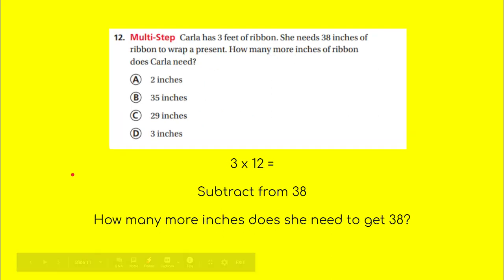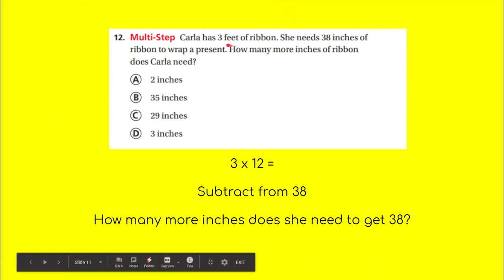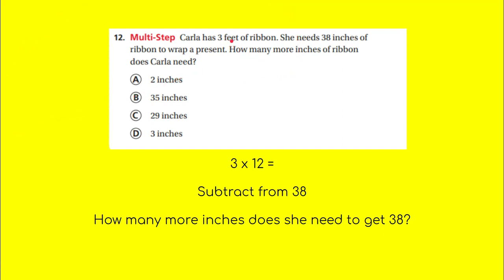Number 12. Carla has 3 feet of ribbon. She needs 38 inches of ribbon to wrap a present. How many more inches of ribbon does Carla need? So I know that 1 foot equals 12 inches.